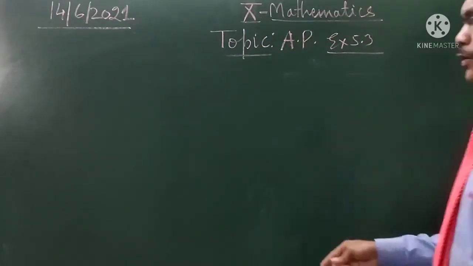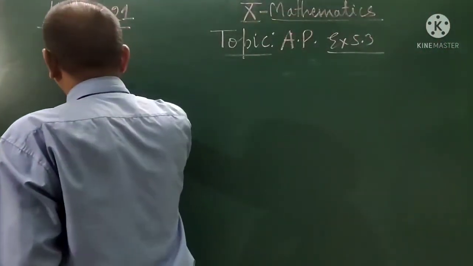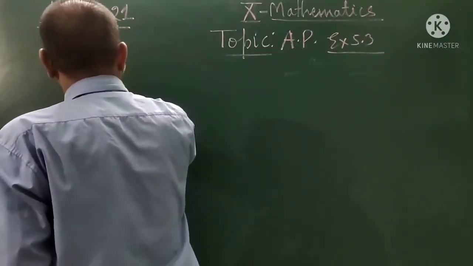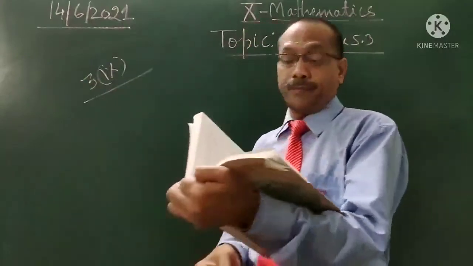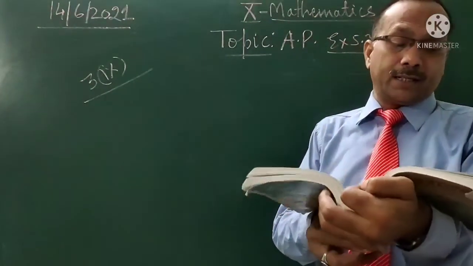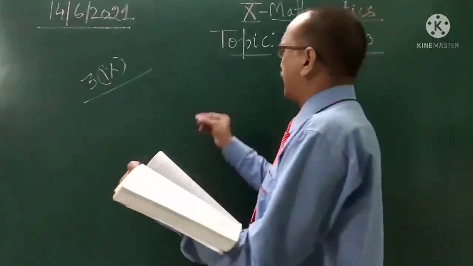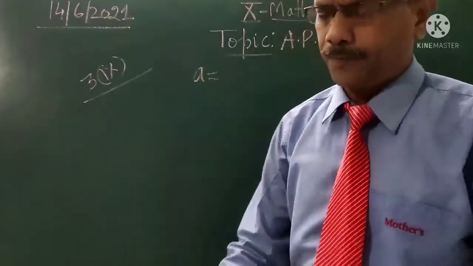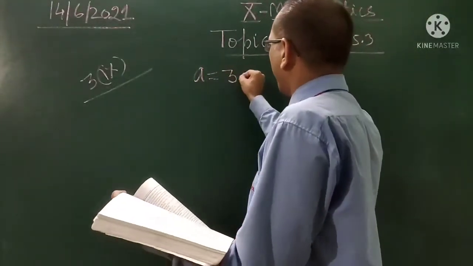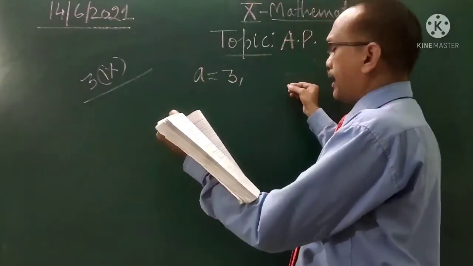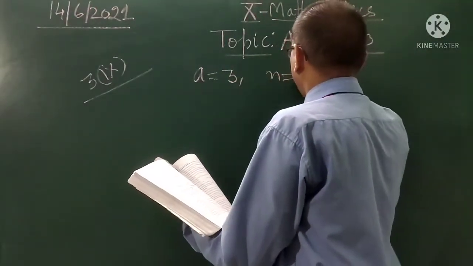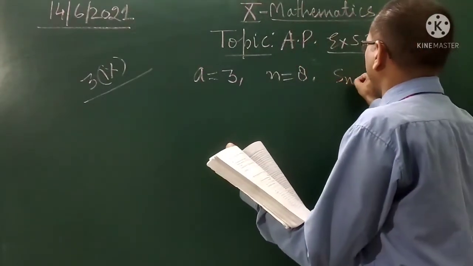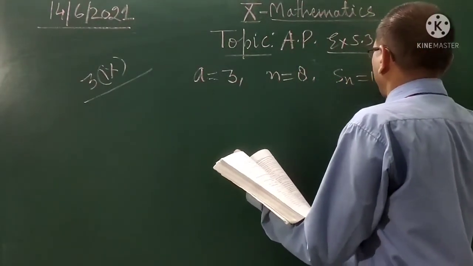Student, now question number 9. Ninth part of the third question. In this question, given that A equal to 3 and n equal to 8. Sn is 192.